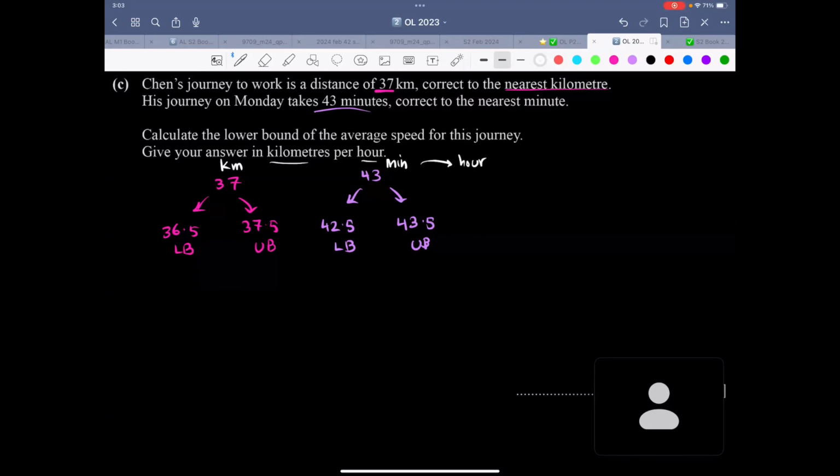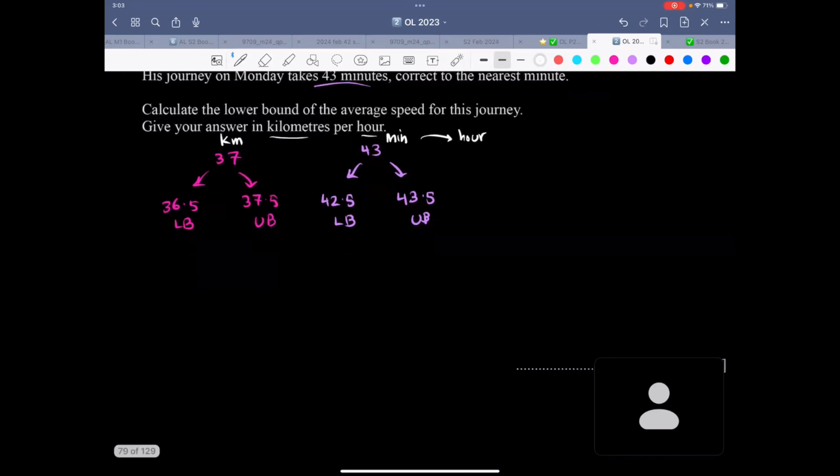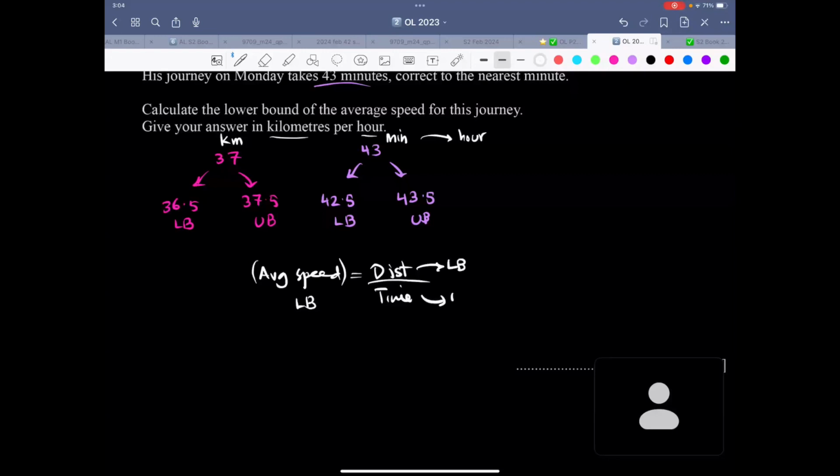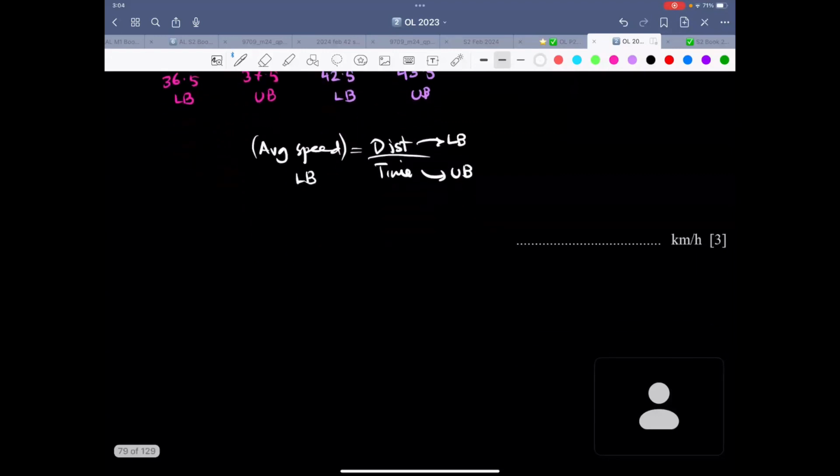So now over here, if I want the lower bound for this average speed, average speed is distance over time. If I need the lower bound for this, I should have the lower bound for distance and upper bound for time. That's the rule.